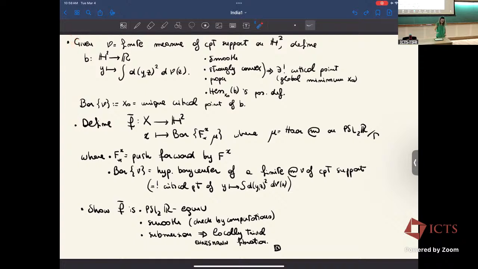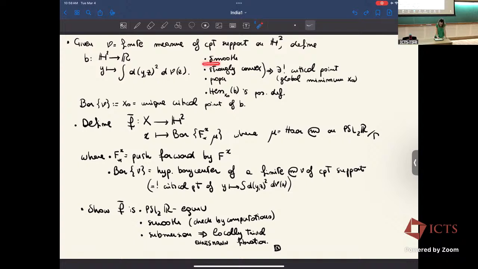This is something you can do in general when you have a finite measure of compact support on H2. You can define this map B that maps any point in H2 to the integral of the square of the distance, integrated along this measure.